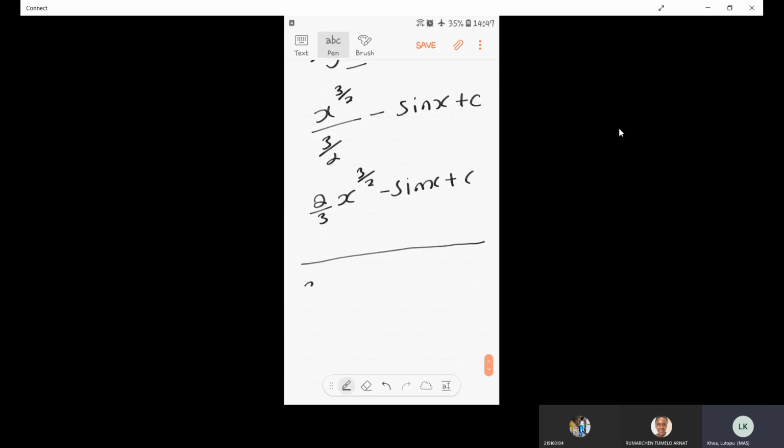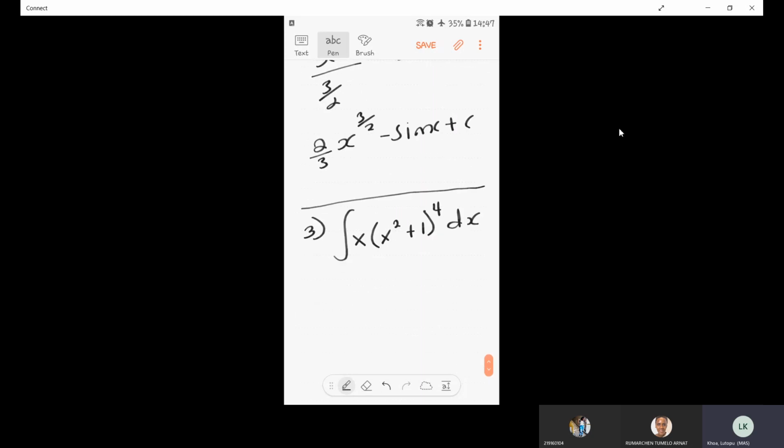Then number 3, we have the integral of x times x squared plus 1 to the power of 4 dx. So again, this will be my u. I let u equal to x squared plus 1.